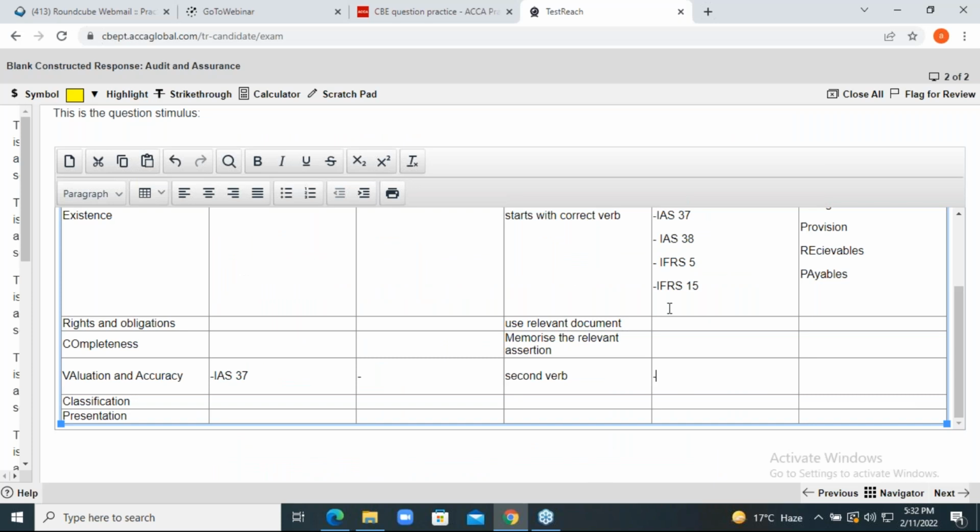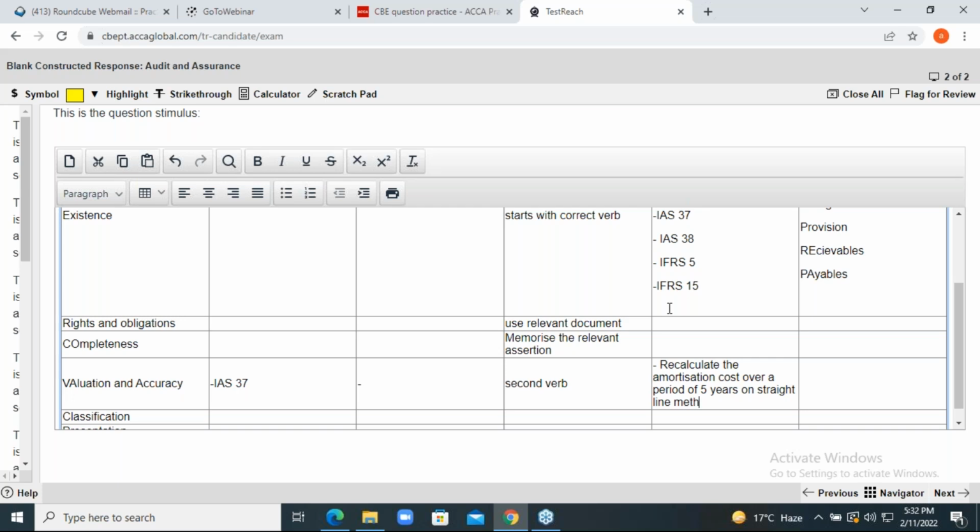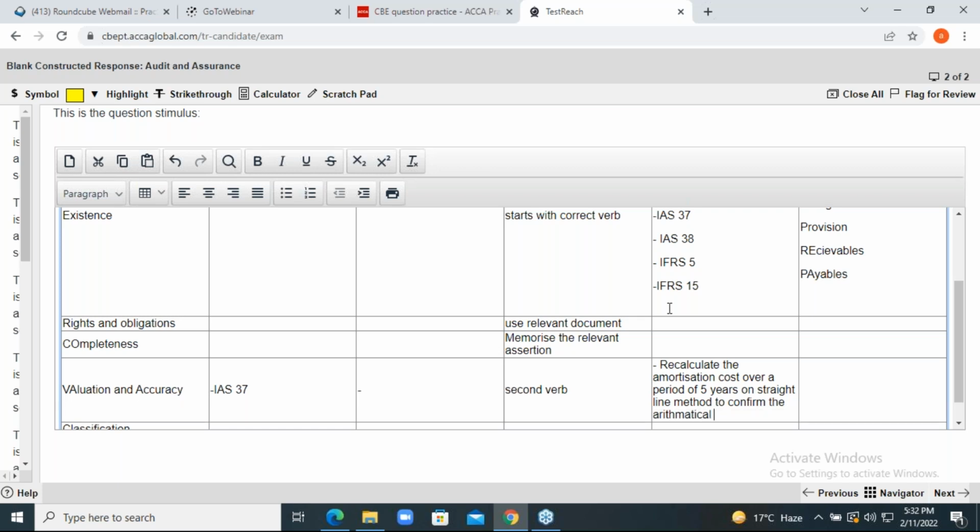You can see, let's write it: recalculate the amortization cost over a period of 5 years on straight line method to confirm the arithmetical accuracy. Now this is the procedure that you will write for the examiner.